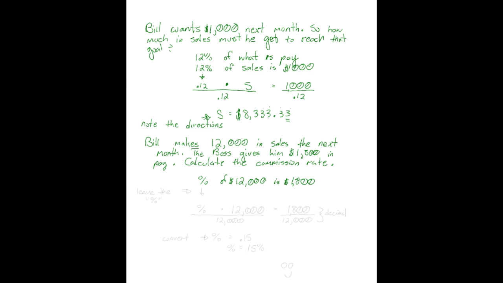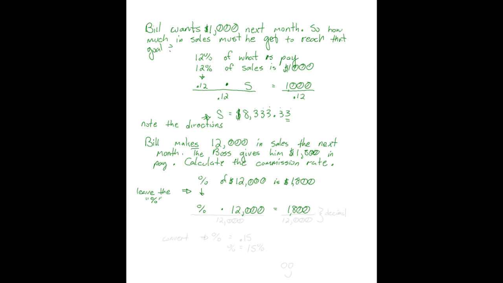Now here's the trick to getting this right: leave the percent symbol there. This is our reminder that the answer we're going to get is a decimal, and we've got to convert it to a percent. So when I bring this down, my variable is a percent symbol times 12,000 equals 1,800.